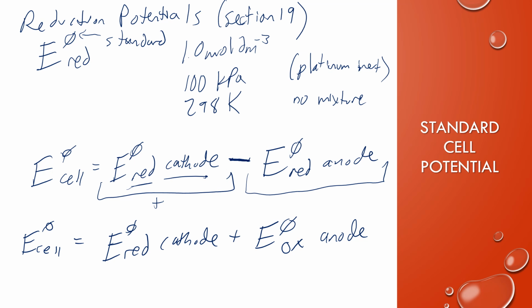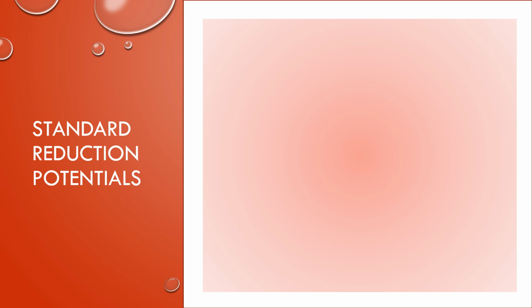The table of values in your data booklet, section 19, those are all reduction. So to get the oxidation value, you change the sign. So either way you want to think about finding the overall cell potential works, subtracting the two reduction potentials or adding the reduction to the oxidation potential. So again, the standard reduction potentials are given in your data booklet in section 19.